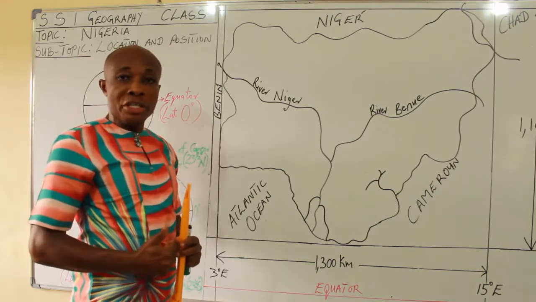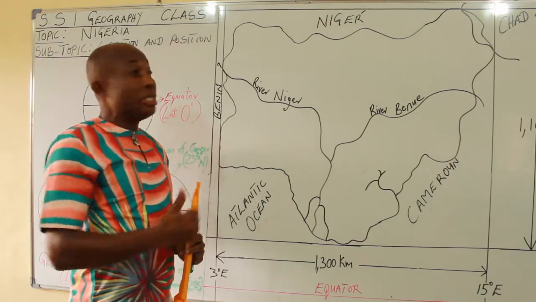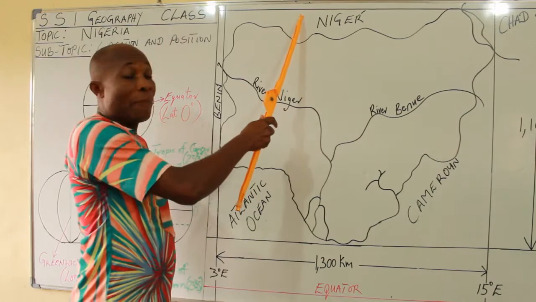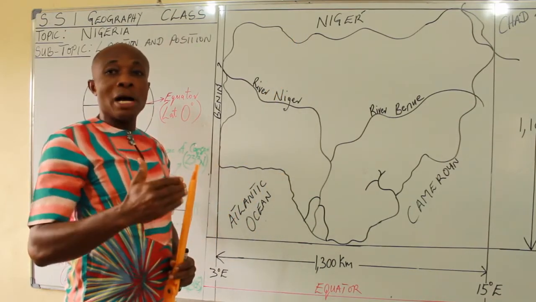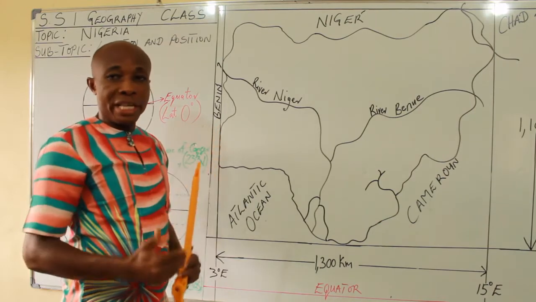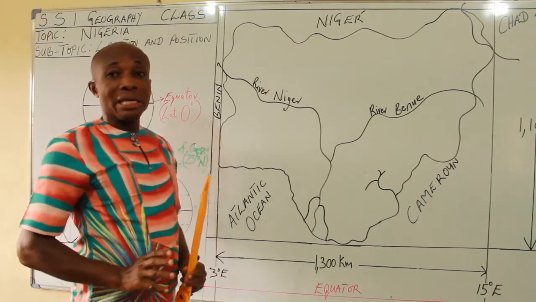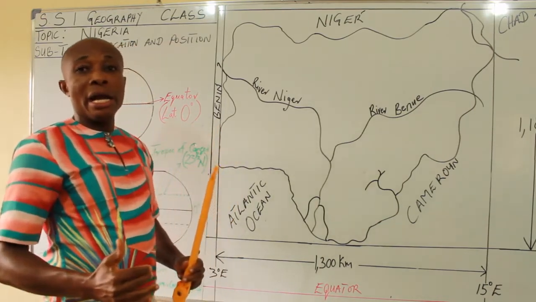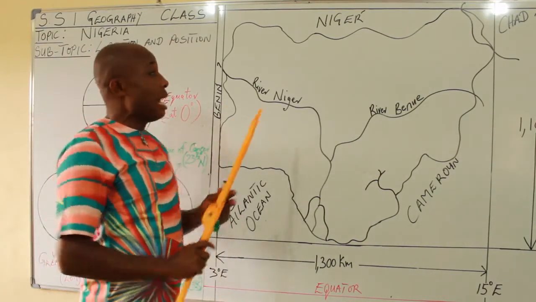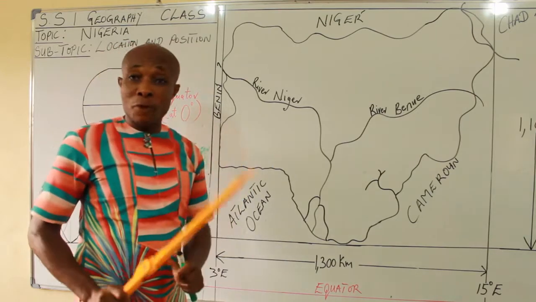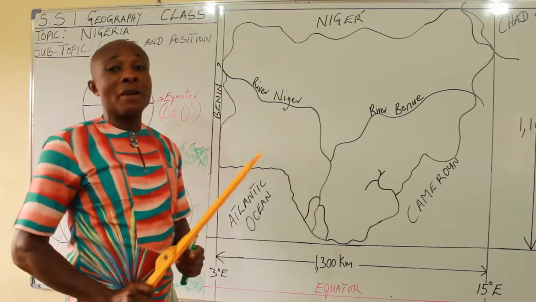We have Niger Republic, which is at the northern part of Nigeria, and we have Mali. We also have Mauritania. These three countries are bigger compared to Nigeria in terms of land area, and Nigeria is now the fourth largest in terms of landmass.